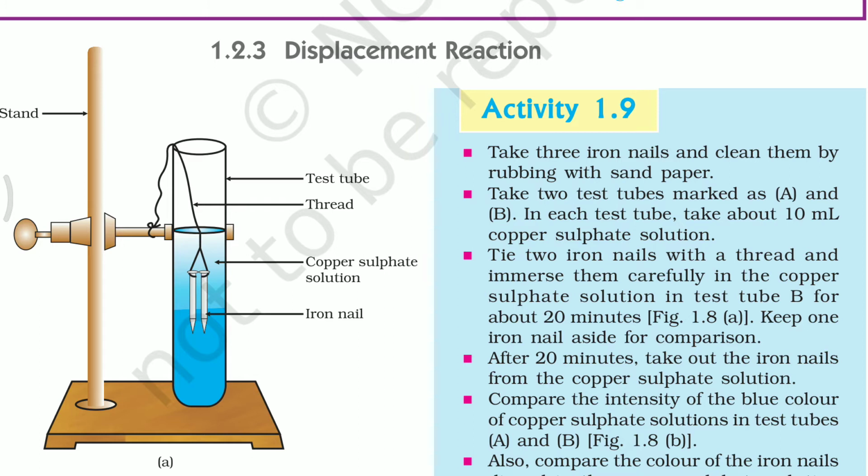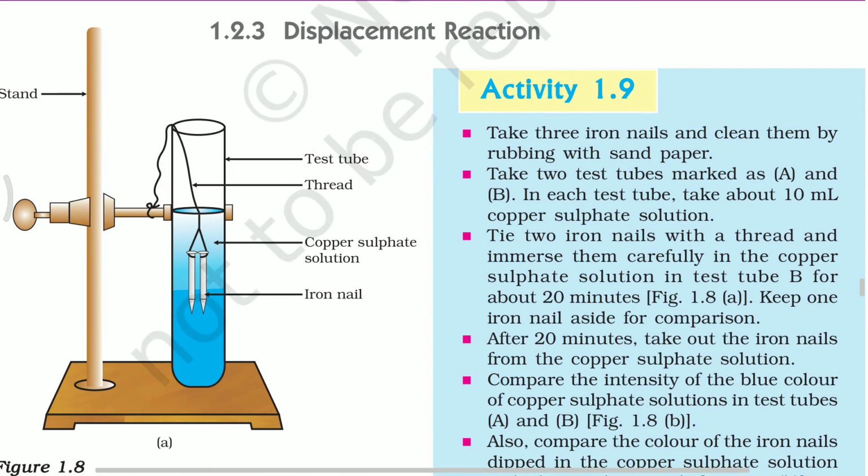So we explain this reaction through one activity. Take copper sulfate solution in a test tube and dip pure silvery white colored iron nails into the solution. Keep the solution as it is for some time, and observe what happens.